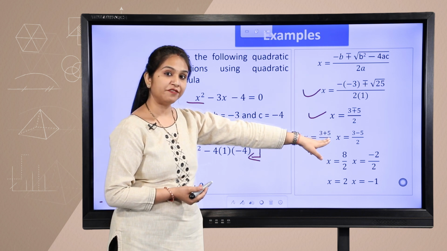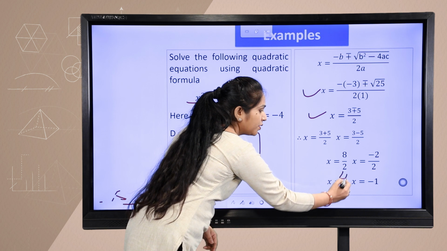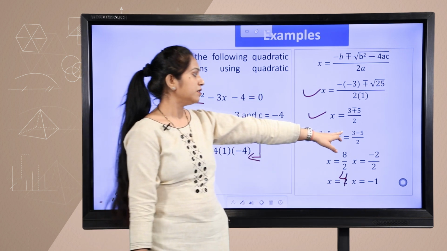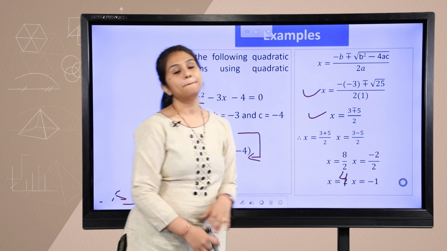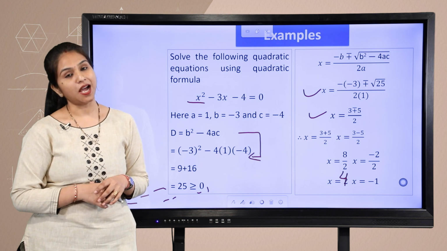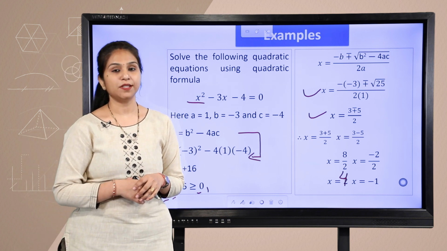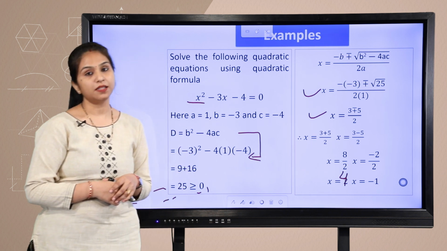Now 3 plus 5 gives you 8 by 2, that is equal to 4, and 3 minus 5 gives you minus 2 by 2, that gives you minus 1. So we can say 4 and minus 1 are the roots or the zeros of the given quadratic equation. Let's see another example.